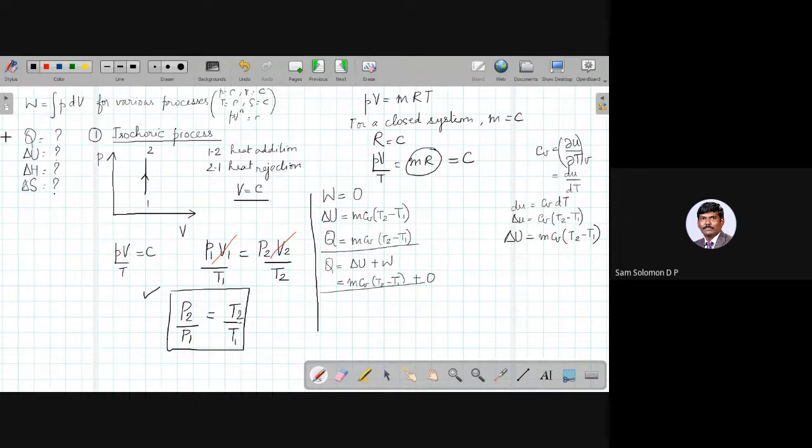So we have seen heat transfer, we have seen change in internal energy. What about delta H, which is change in enthalpy? So change in enthalpy would be, according to the definition, with reference to specific heat.